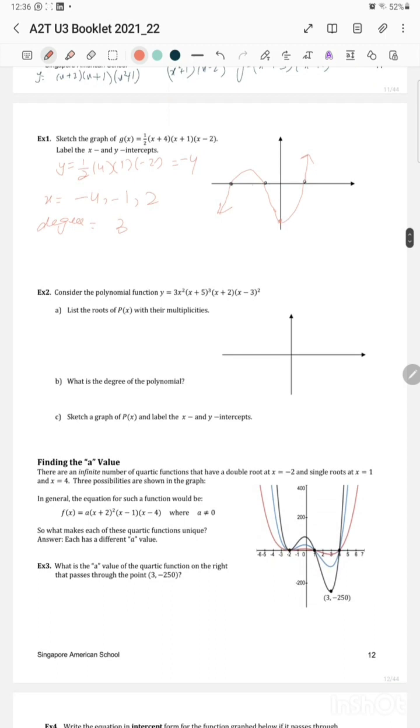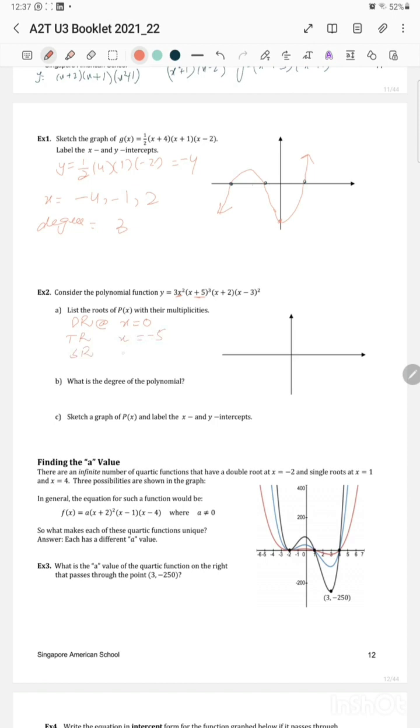Consider the polynomial function y = 3x squared (x + 5) whole cube (x + 2)(x - 3) whole square. List the roots of p of x with their multiplicities. x squared means double root at x = 0. (x + 5) cubed means triple root at x = -5.